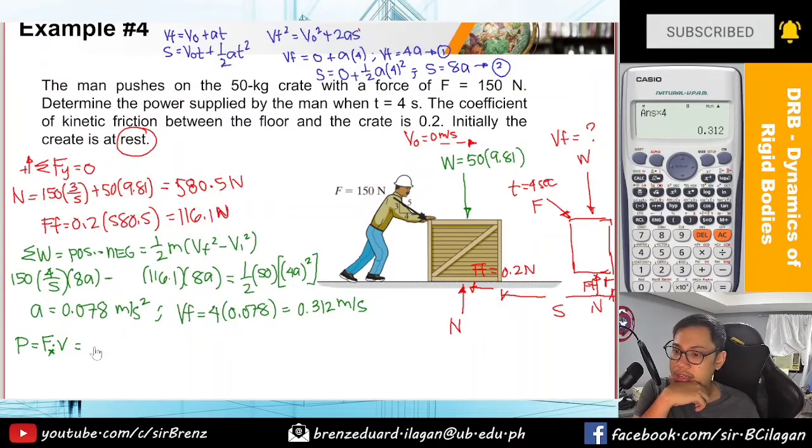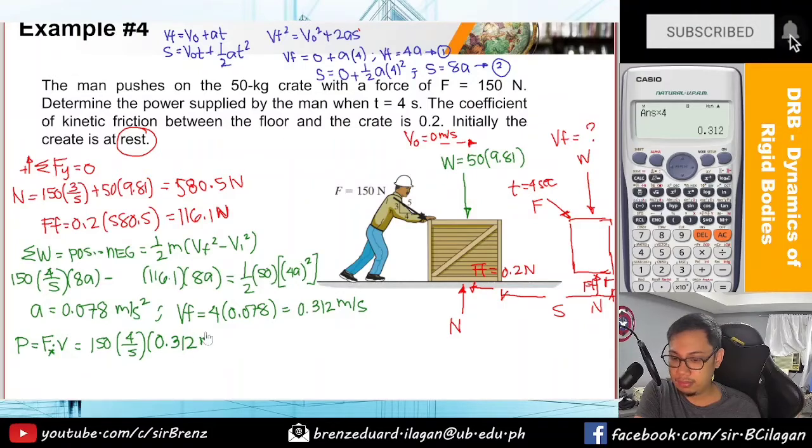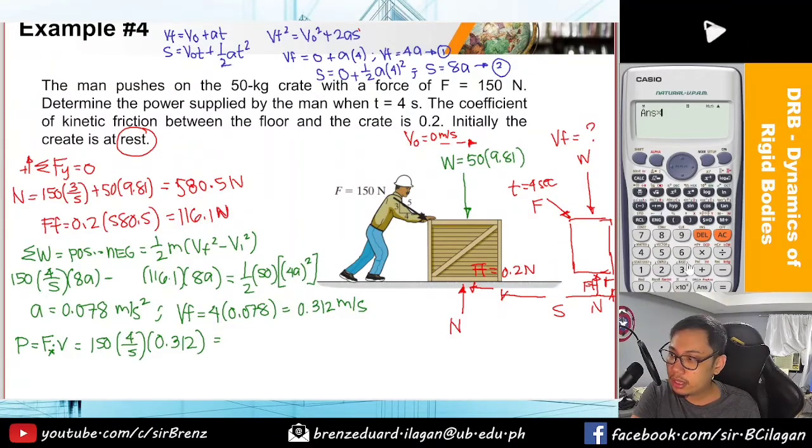So yung F sub x natin, or that is 150 times 4 over 5, and then multiply by the velocity of 0.312 meter per second. So the answer will be in joules per second or watts. Now, so times 150 times 4 divided by 5.